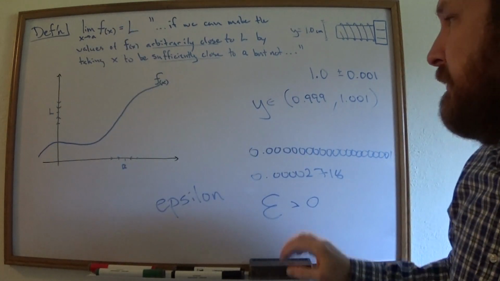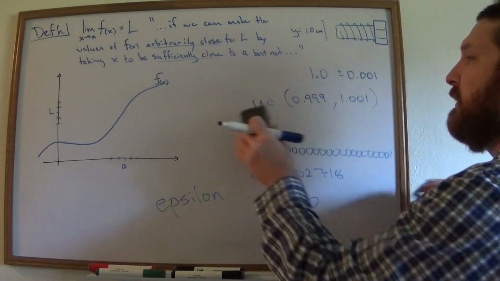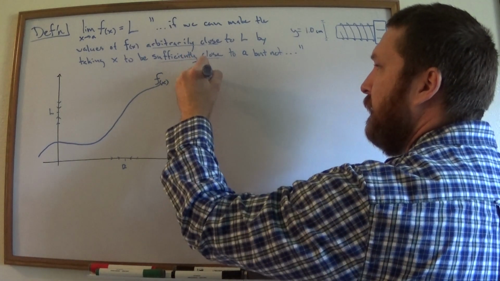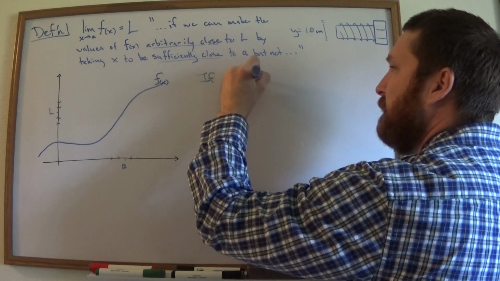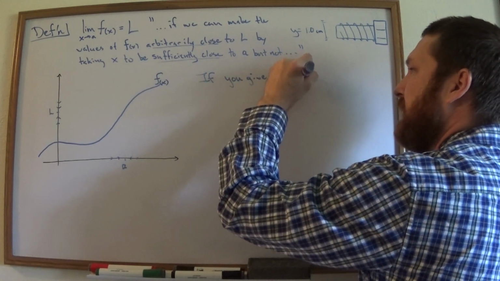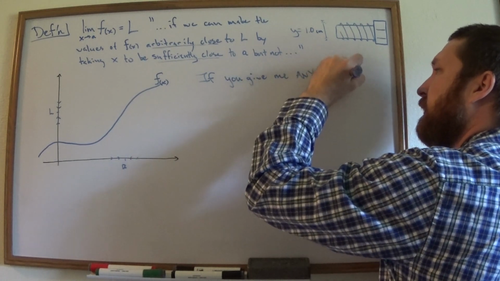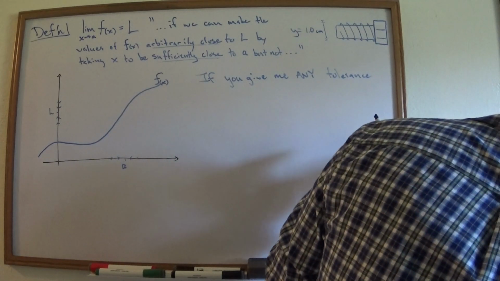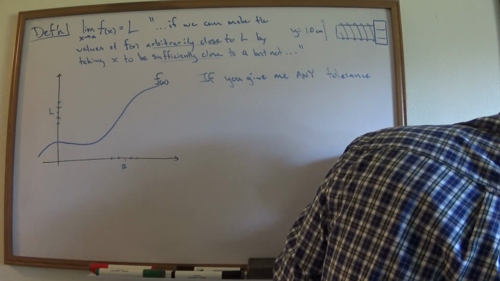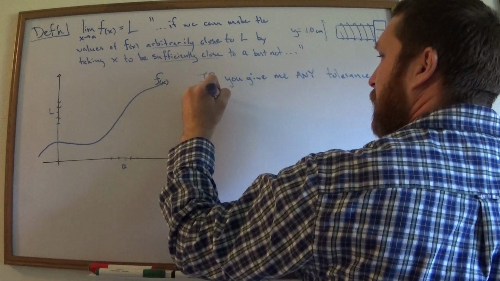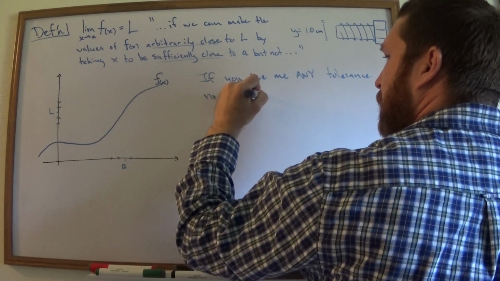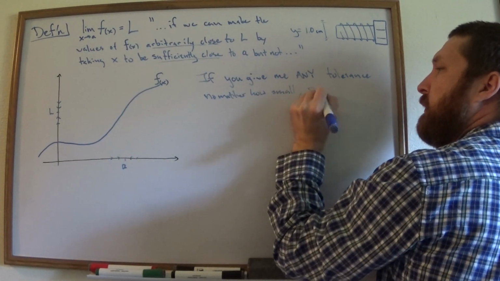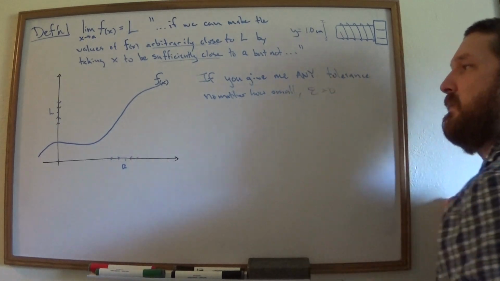This statement right here, another way of saying this, is that if you give me any tolerance, right, any plus or minus some amount, if you give me any tolerance, no matter how small, and we'll say epsilon, some tolerance bigger than 0.